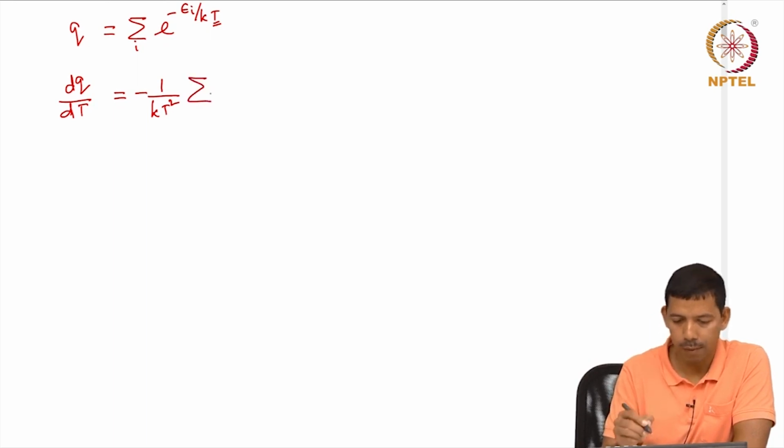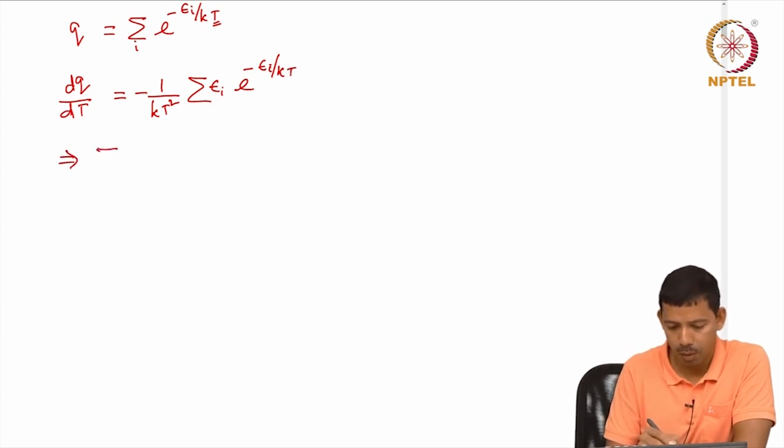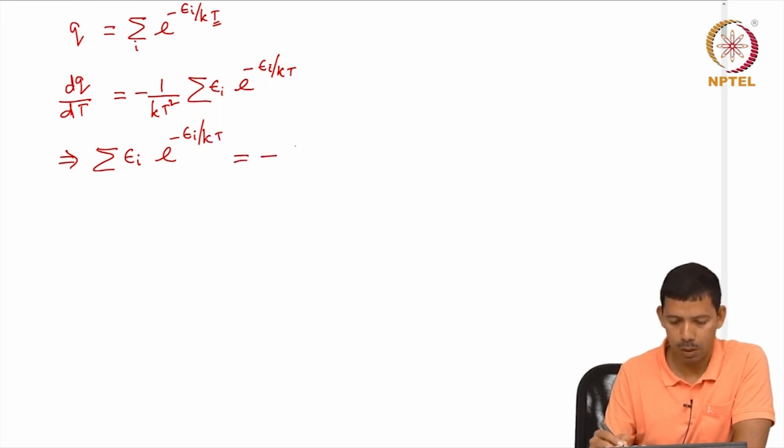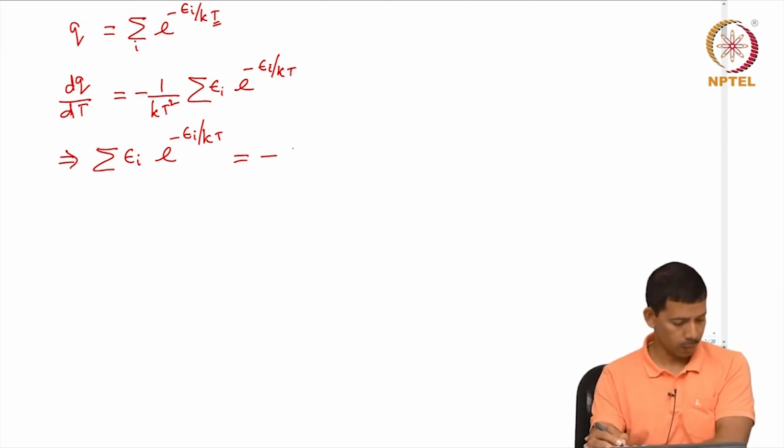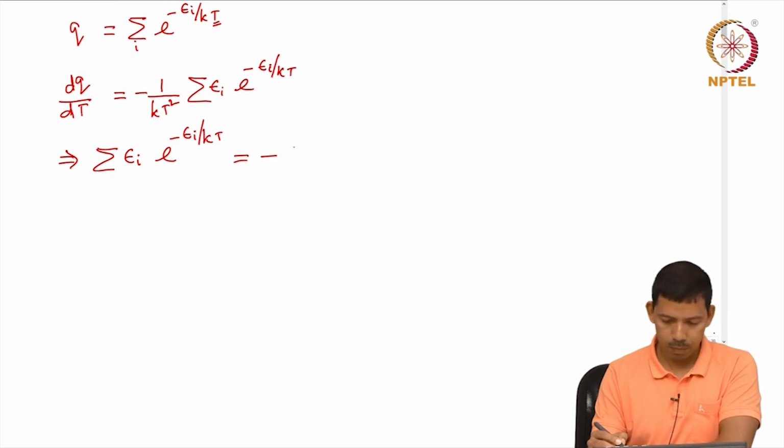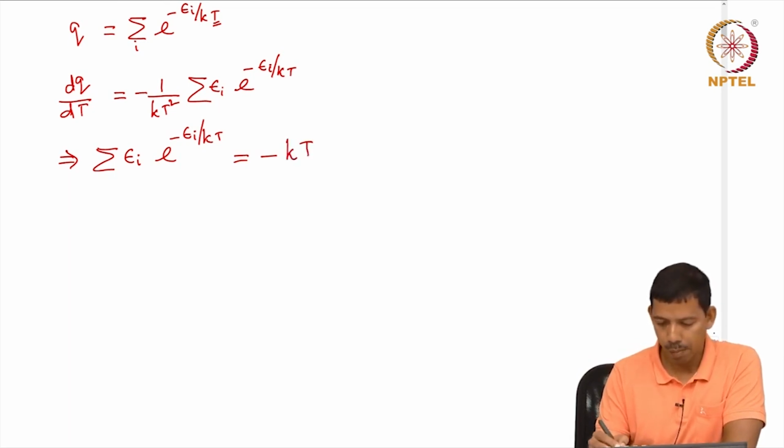You also get epsilon i, which does not come out, so it stays there, and you get e to the power minus epsilon i by kT. From here, the sum over i of epsilon i e to the power minus epsilon i by kT is equal to minus kT squared dQ by dT.